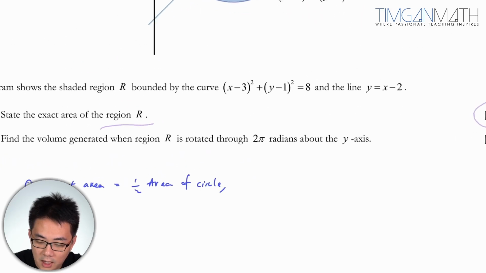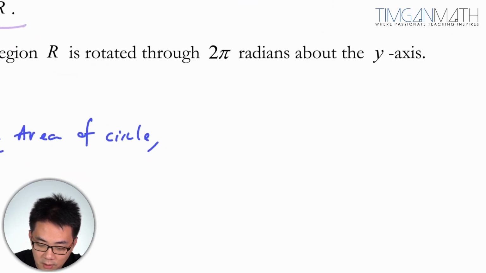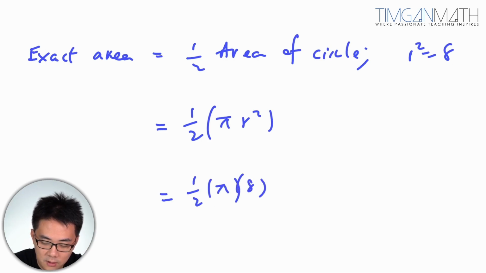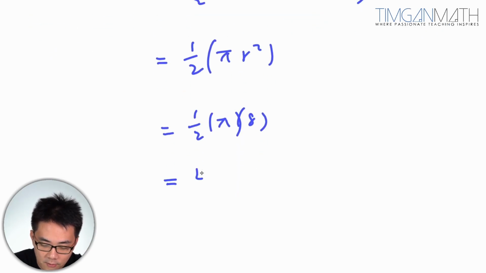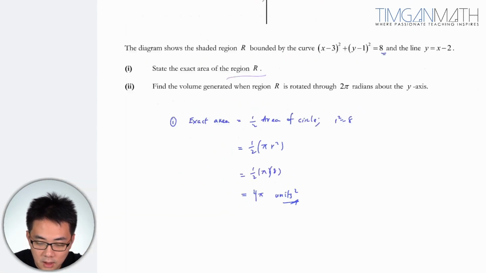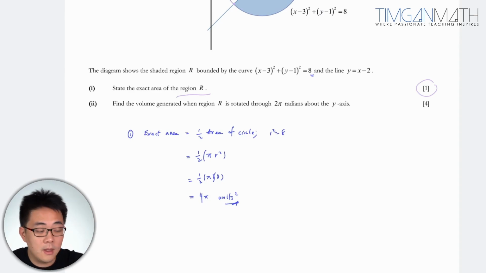And because r squared equals 8, the area of circle is pi r squared, and this is half times pi times 8. So the answer would just be 4 pi square units. Okay, so this is how we do this question proficiently.